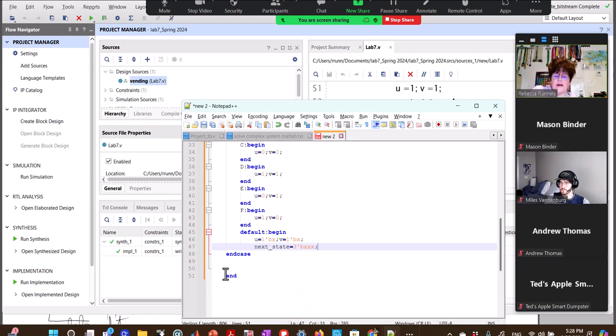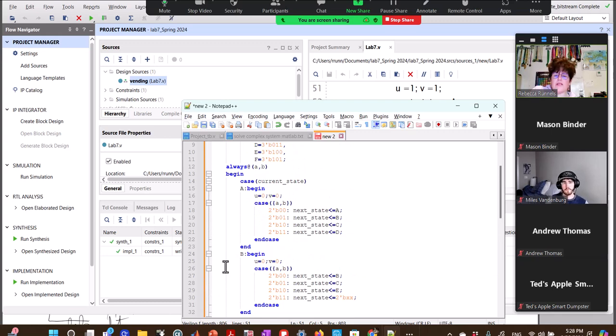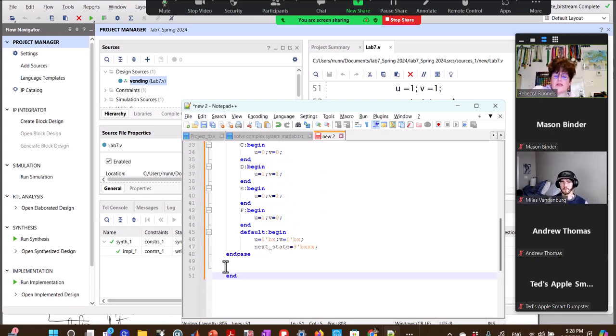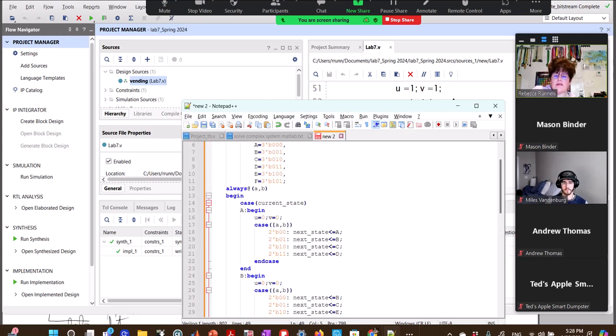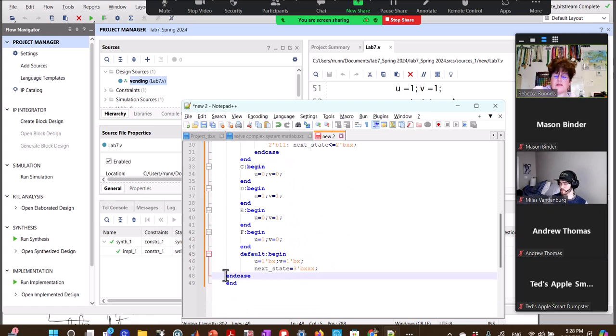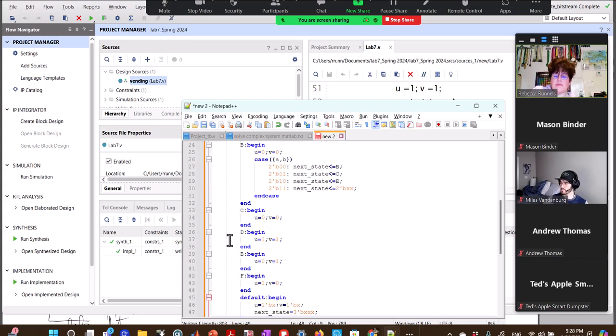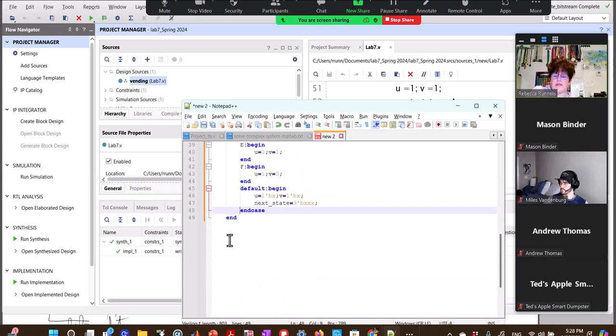And then you would end that case, and then we started the always statement with a begin, and so we need to end it with an end. I didn't do a very good job indenting there.